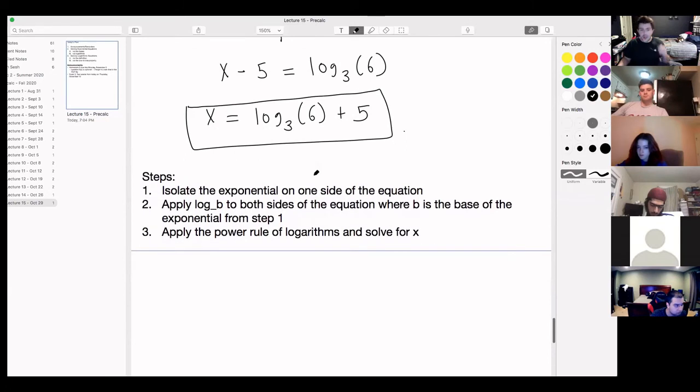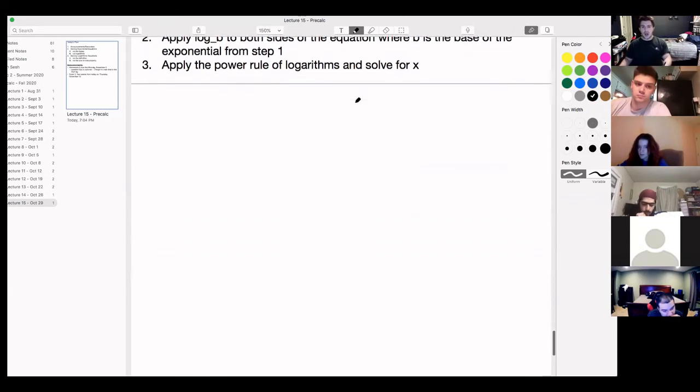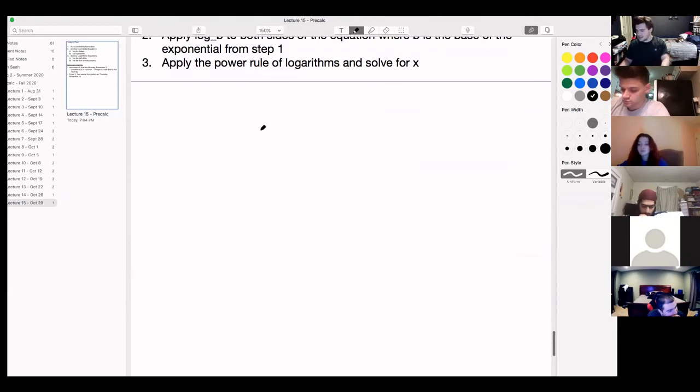Good. So that's exponential equations for you. They're really not that crazy, I don't think. Now we will move on to logarithmic equations. Let me write that, and then I'll of course define it. The next heading: logarithmic equations.